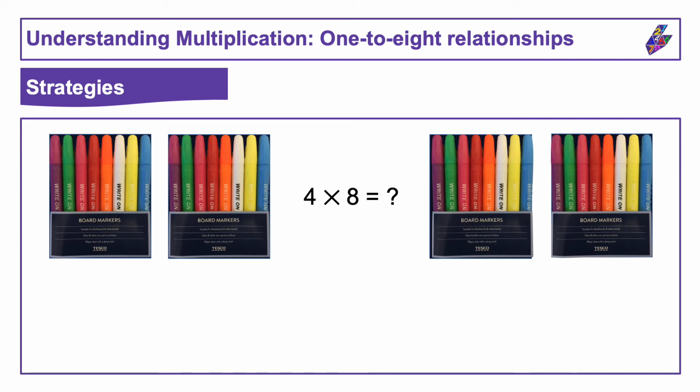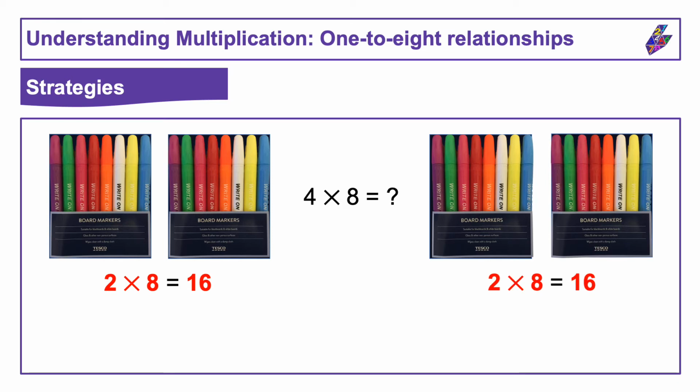Let's assume that we didn't just know what the answer was. There are many different ways to solve this, but we're going to explore solving this using our knowledge of doubles. We already worked out in the previous example that 2 times 8 equals 16. So 4 times 8 is 2 times 8, which equals 16, and another 2 times 8, which equals 16.